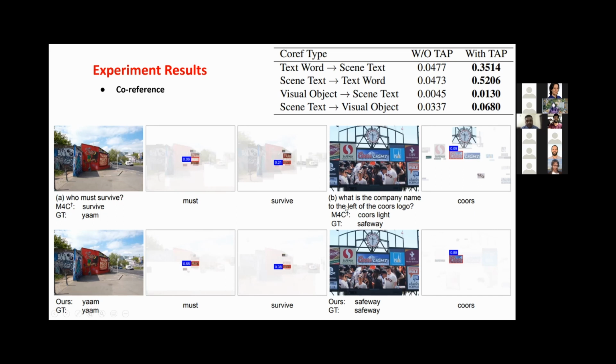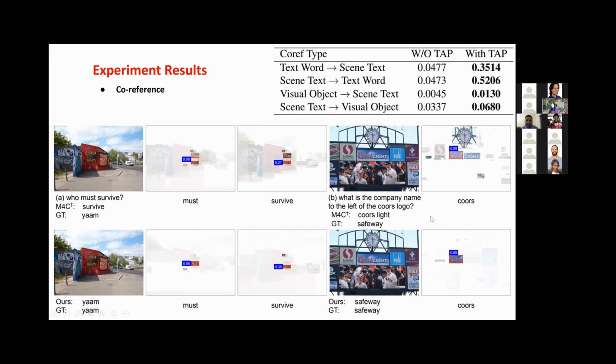And also in this example, what's the company name to the left of the Cougars logo? Here is the word Cougars, and here is the syntax region detected by the OCR. Without the text-aware pre-training, the attention score between the word Cougars and its corresponding syntax region is lower, but after the text-aware pre-training, the attention score has been largely improved.